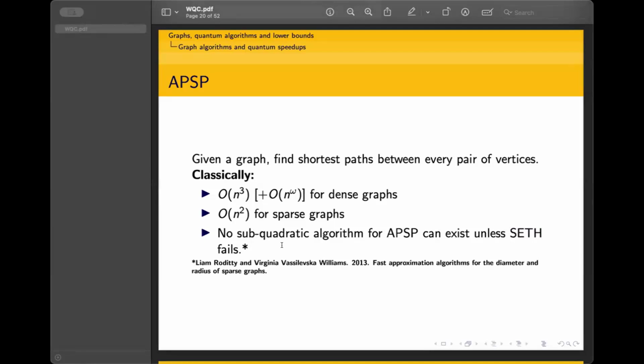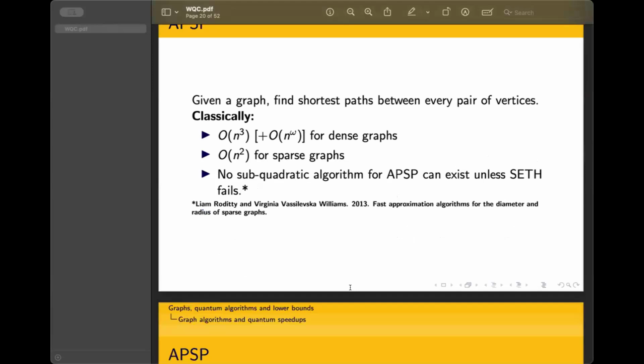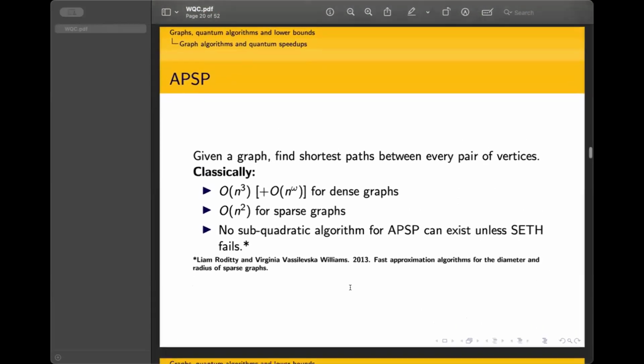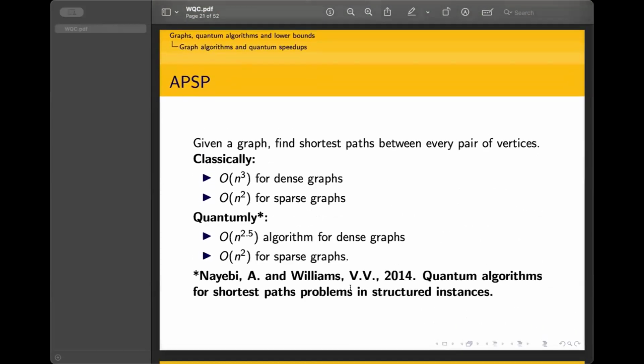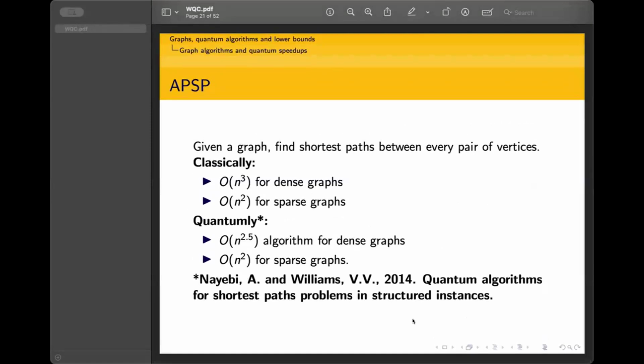So if this hypothesis fails, then you may get some better algorithms, but if it is true, then you cannot. But that's a story for later. So that's the classical complexity of solving APSP. Now, quantumly, it has been shown, quite recently, I think like 10 years ago, so not that long ago, that you can solve APSP faster.